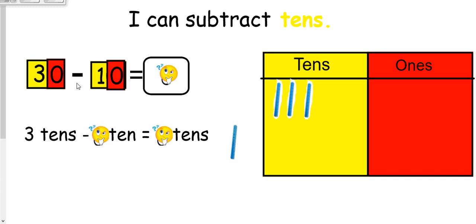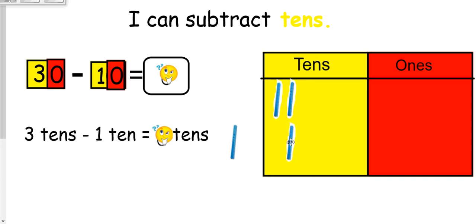Now let's double check again. This says that we need to take or break away 10. 10 does not have any ones. It does have 1 10. So we are going to take or break away 1 10. Let's go to our place value chart.